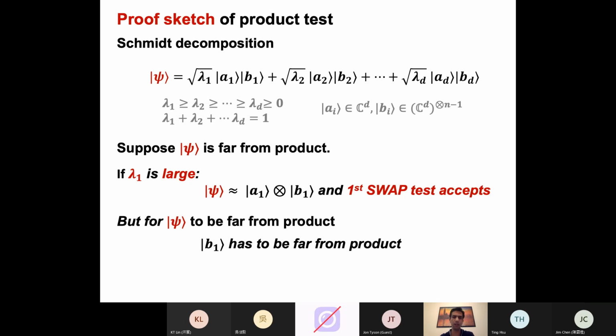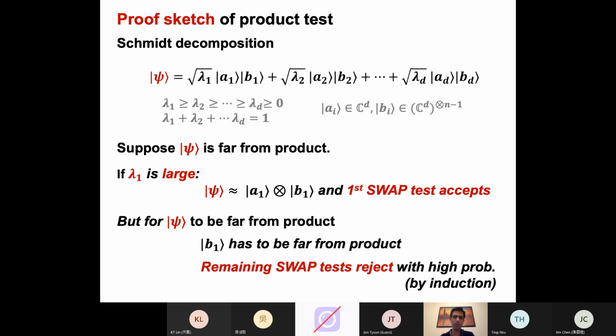But on the other hand, for the state psi to be far from product in this case, it has to be true that the state B1 is far from product states. And this simply means that the remaining n-1 swap tests most likely reject. And this implies the soundness of product test that I claimed earlier.